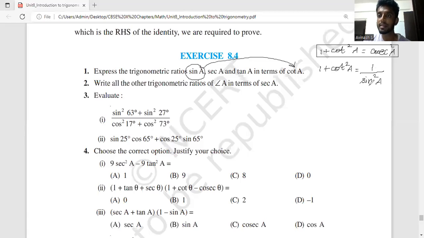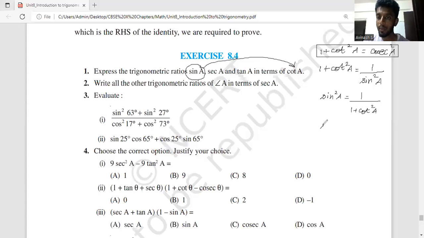So cosec A is 1 by sine A, cosec square A is 1 by sine square A. So we are supposed to find sine A. So sine square A goes here, 1 plus cot square A comes to the denominator. We are just interchanging the terms. So now this will become sine square A equals 1 divided by 1 plus cot square A. This is what we are getting.